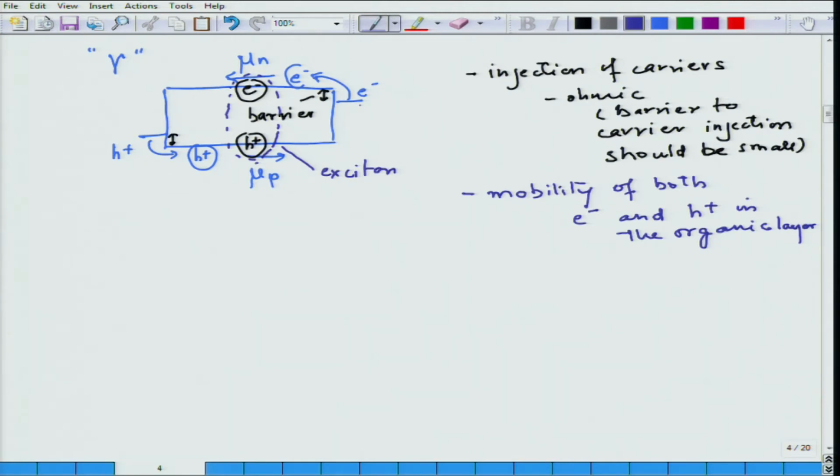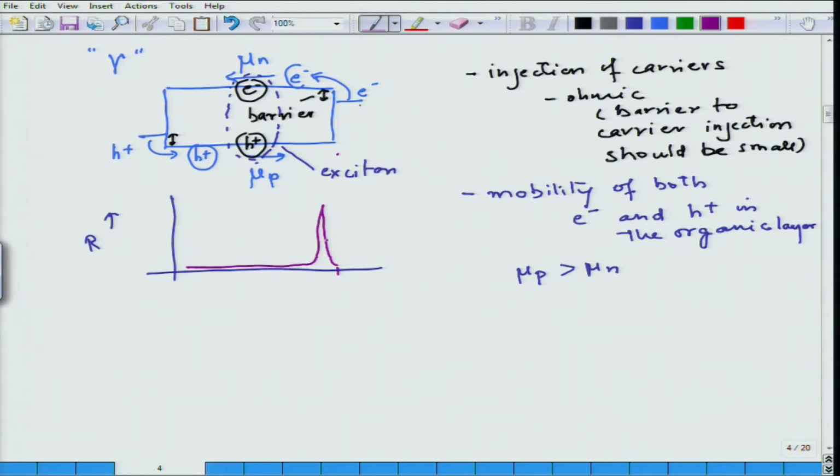And so, there is a problem here, because normally in organic materials the mobility mu p is much greater than mu n, and hence if I plot the recombination rate in this particular device, what one finds is that the recombination happens close to the cathode, because holes move much faster compared to the electrons and they all combine close to the cathode.